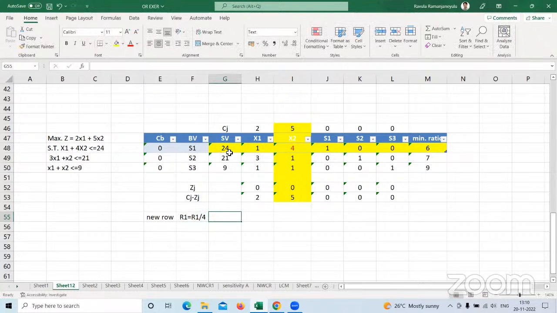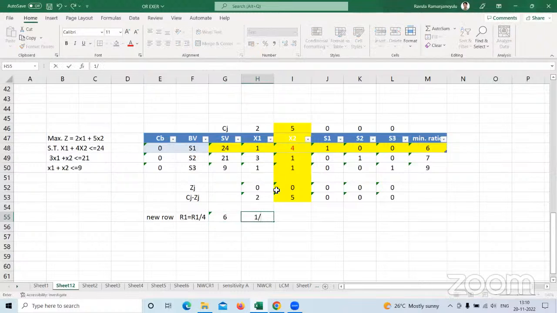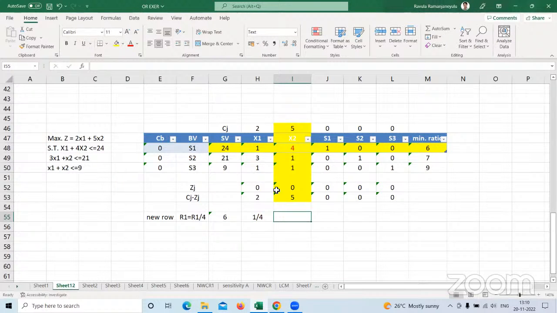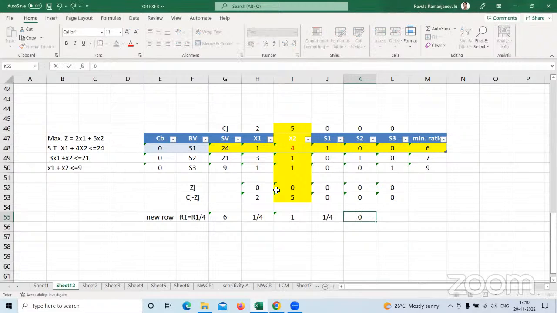Row 1, we got the key element. So we'll find the row 1 values by dividing with the key element, then the other values. So 24 by 4 is 6, 1 by 4, then 4 by 4 is 1, 1 by 4. One doubt: in the minimum ratio column, in the second row, I think it's 21 by 1.